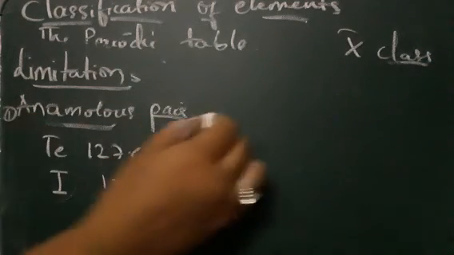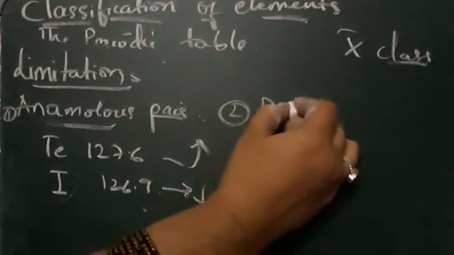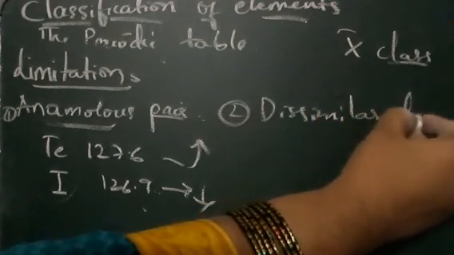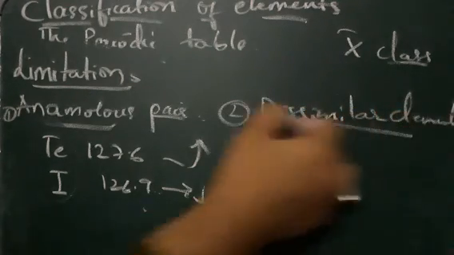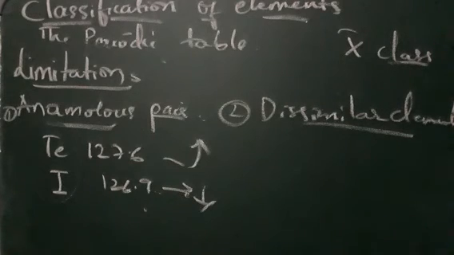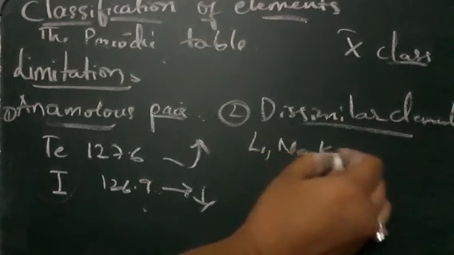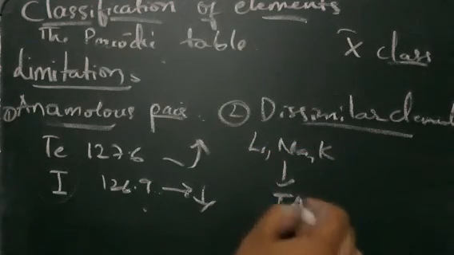The second limitation was that dissimilar elements were placed together. Elements with dissimilar properties were placed in the same group, as subgroups A and B. For example, the alkali metals lithium, sodium and potassium are placed in group 1A.